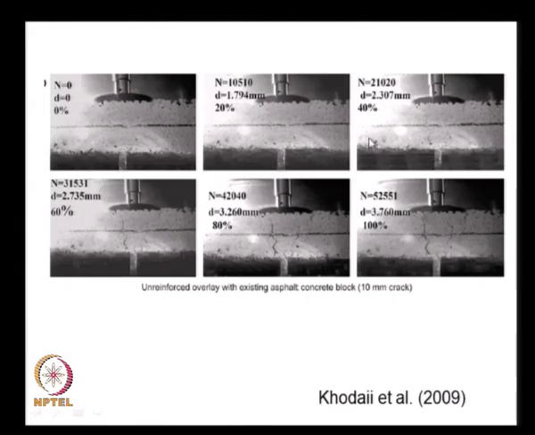At about 21,000 cycles a small crack is initiated, reflected from the bottom old pavement, and at 31,000 we can clearly see it, and at 42,000 we can clearly see two of these cracks, and at 52,000 these cracks are fully formed, and at that stage the test is stopped.